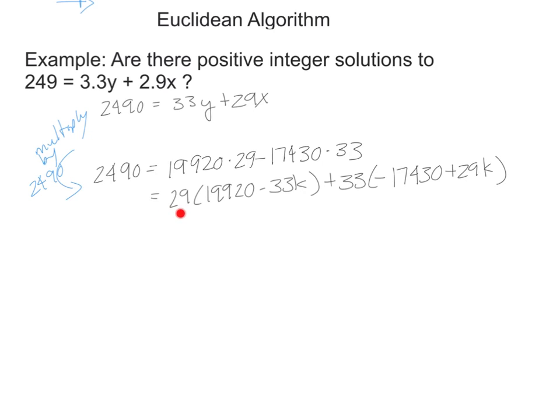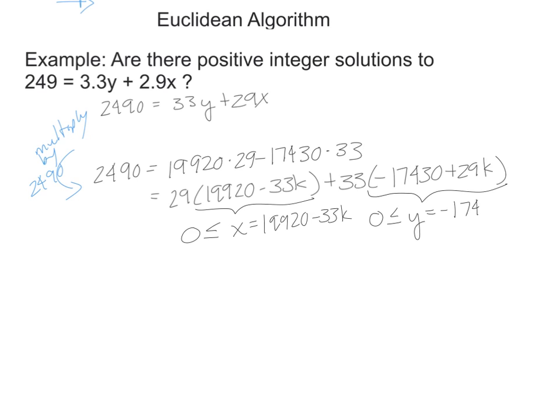So here we have our 29 times some value and our 33 times some value. We're going to call this our x, and we want it to be greater than or equal to 0. This is our y. We want it to be greater than or equal to 0. Let me just write this here. x = 19920 - 33k, and y = -17430 + 29k.